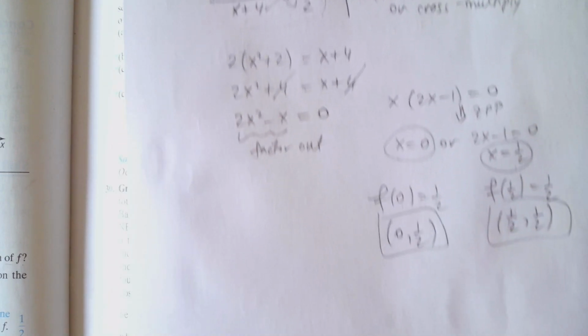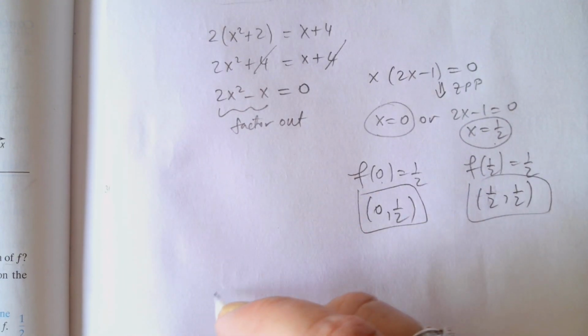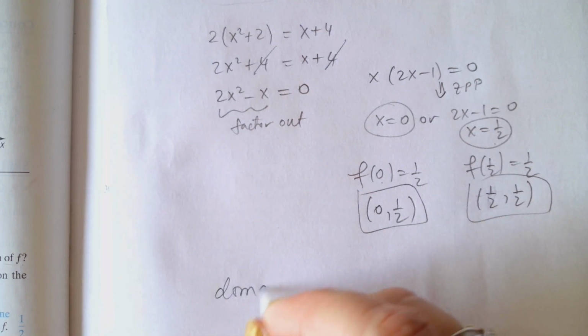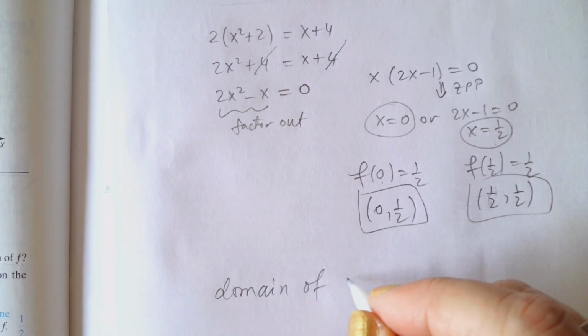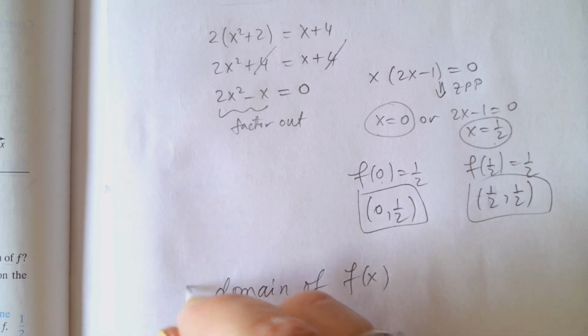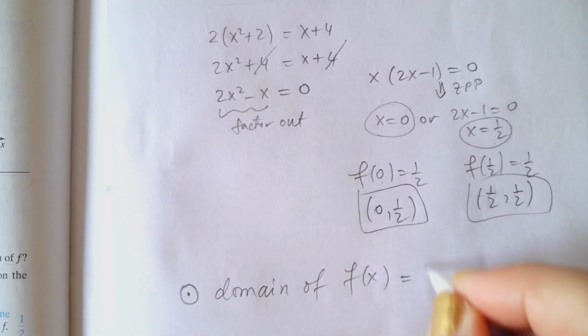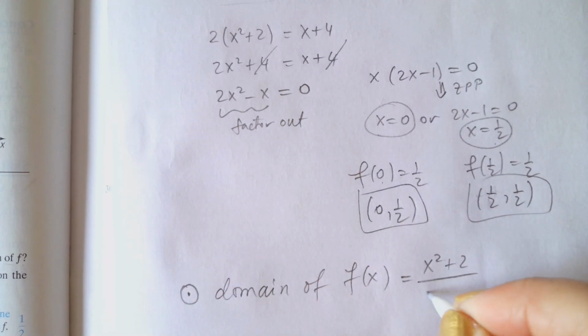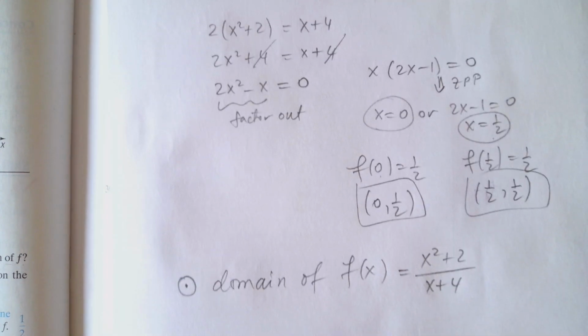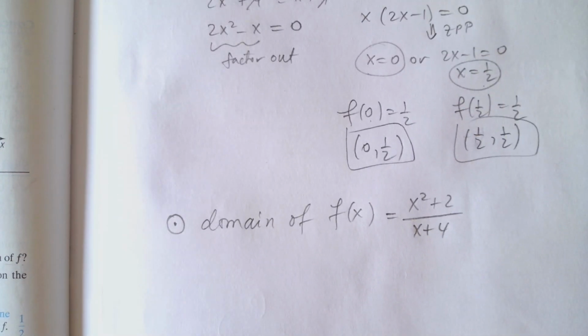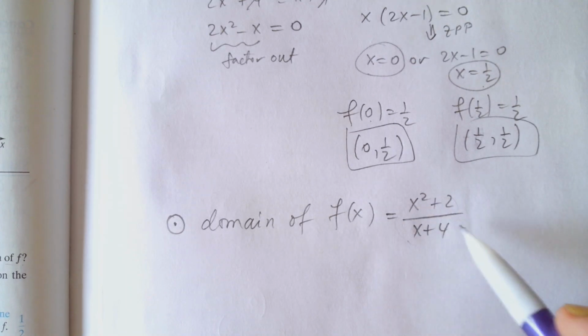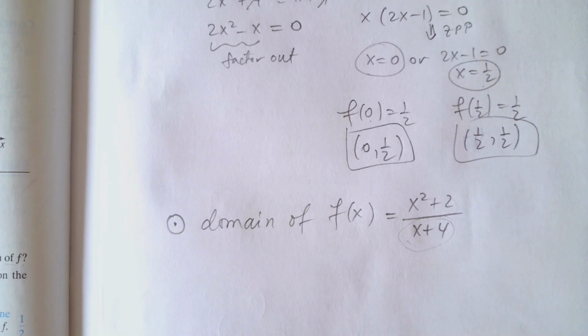What is the domain of f? We want to find the domain of the function f of x equals x squared plus 2 over x plus 4. Remember we did this type of problem last time? For this type of rational function, we are worried about the denominator being 0. So the only value that I cannot plug in is the value that makes the denominator 0.